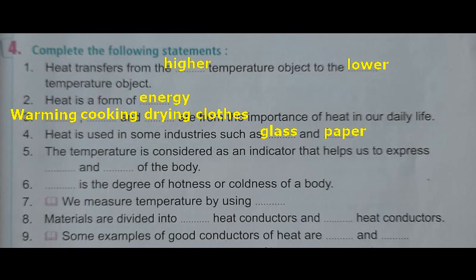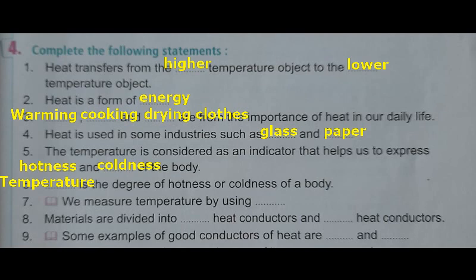Number 5. The temperature is considered as an indicator that helps us to express the hotness and coldness of the body. Number 6. Not is the degree of hotness or coldness of a body. Temperature. Number 7.